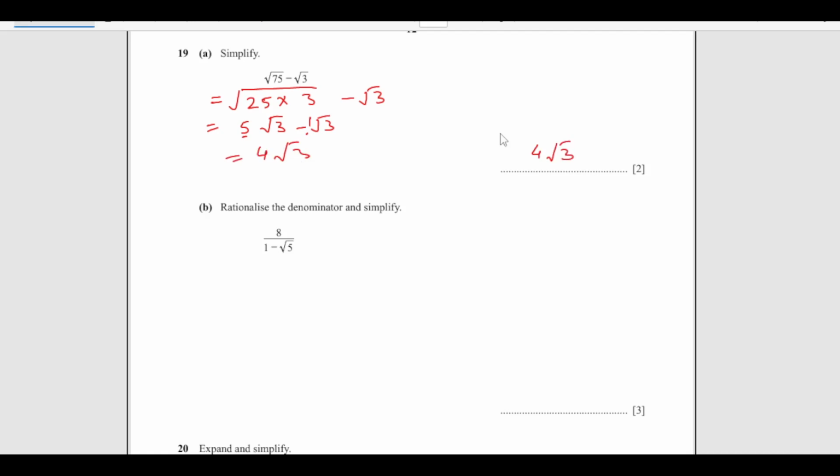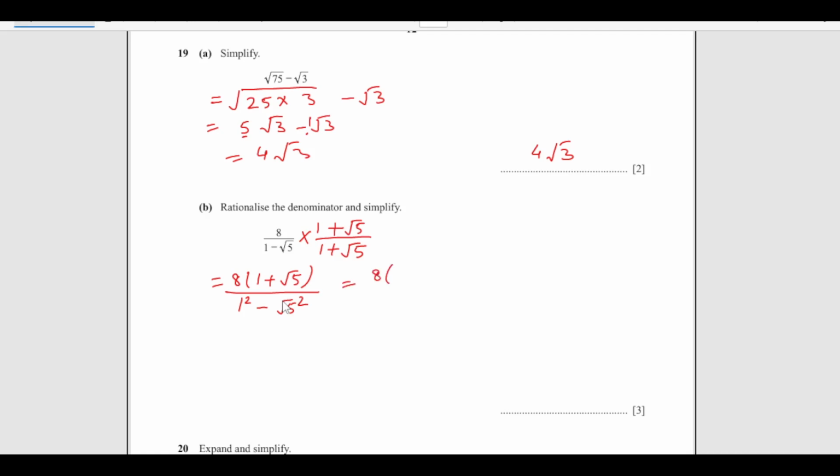Now rationalize the denominator and simplify. So for this, we are going to rationalize, and we'll take the opposite sign of the denominator, 1 minus square root 5 over 1 plus square root 5. So this is 8 into 1 plus square root 5, over a minus b, a plus b. So this is 1 squared minus root 5 squared.